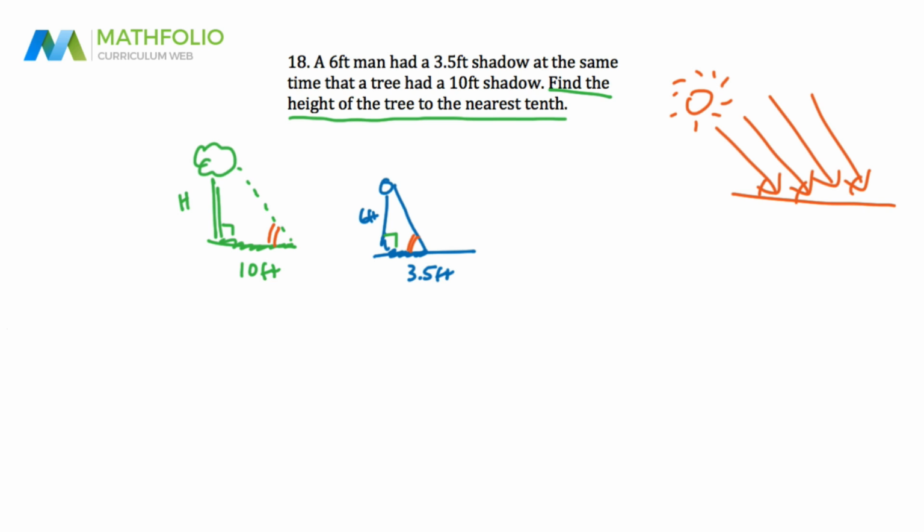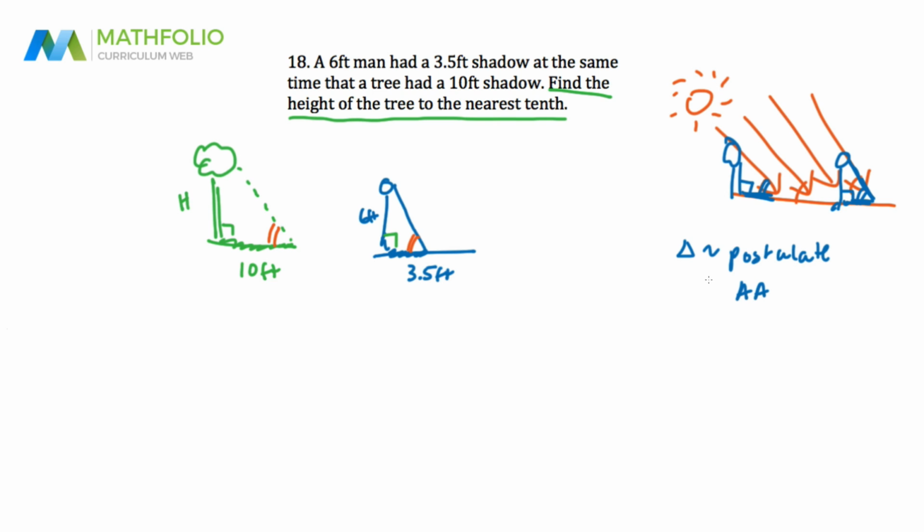And so whether you're a person standing up or whether you're a tree, the shadows that are created on the floor all are similar triangles, because the 90 degrees are the same, and then also this sun's ray angle is also going to be congruent. And so this is our similarity postulate, a triangle similarity postulate.